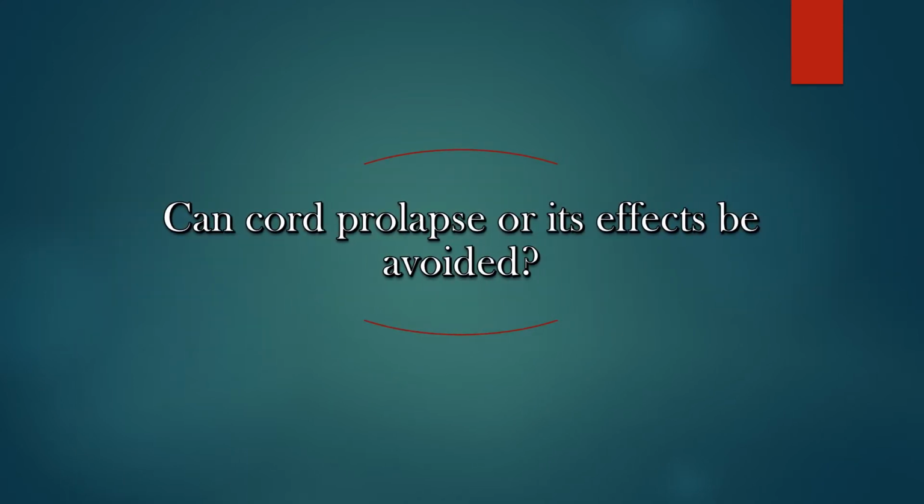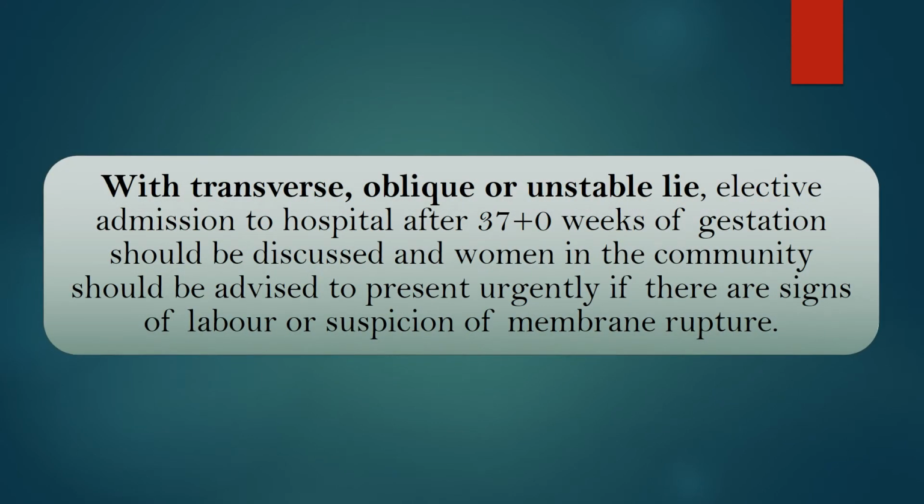Can cord prolapse or its effects be avoided? With transverse, oblique, or unstable lie, elective admission to hospital after 37 weeks of gestation should be discussed, and women in the community should be advised to present urgently if there are signs of labor or suspicion of membrane rupture.